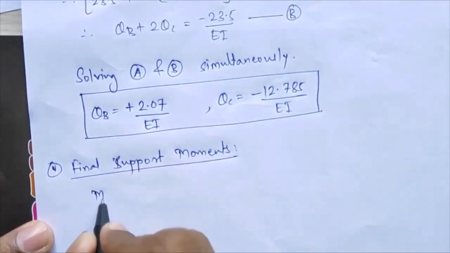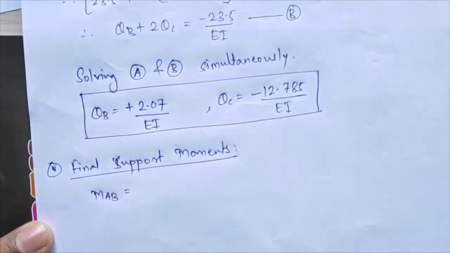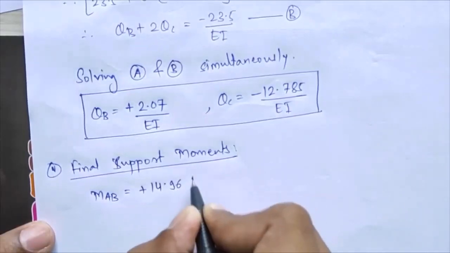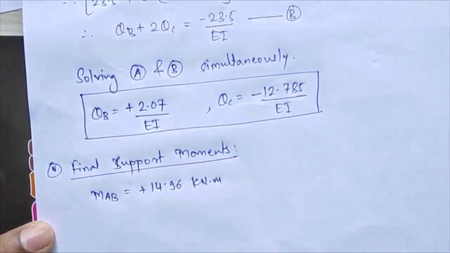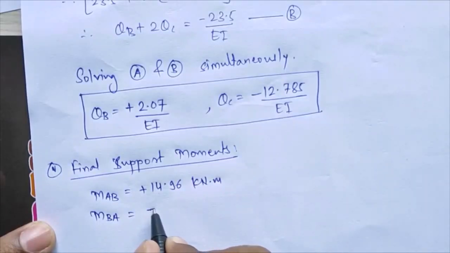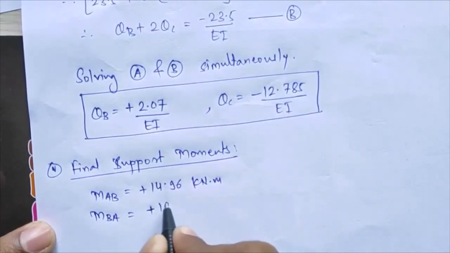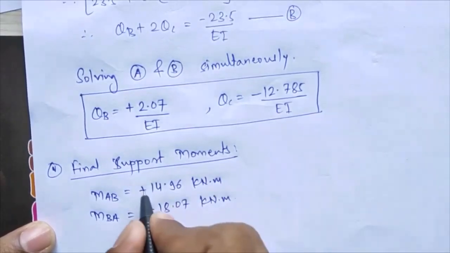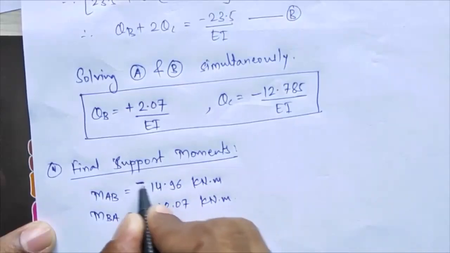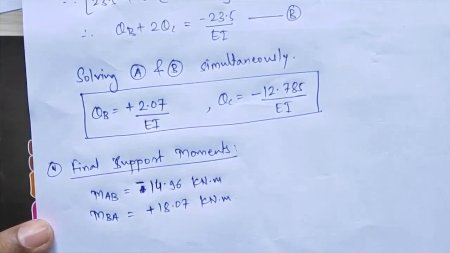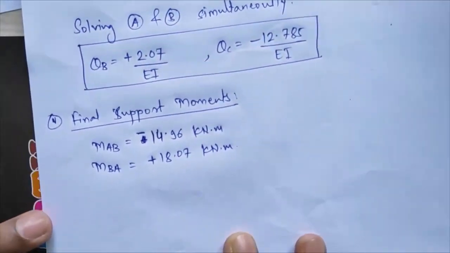So I'll get the values: MAB as minus 14.96 kilonewton meter, sorry, this you are getting as negative, minus 14.96, and MBA as plus 18.07.